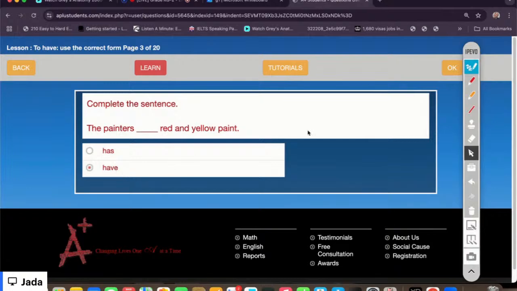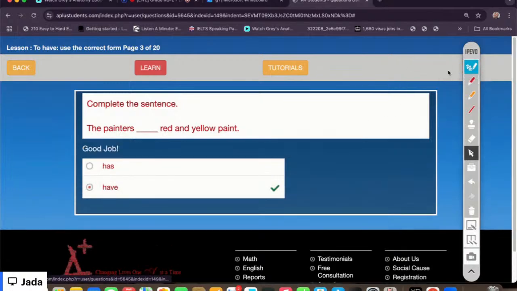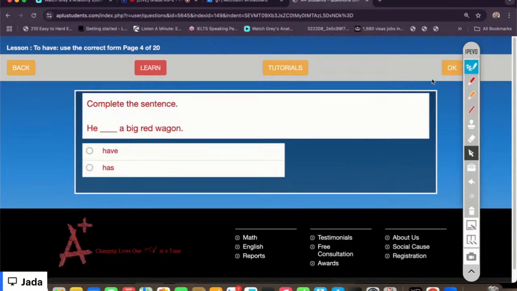So the painters is plural because it's more than one. So you would say the painters have. Okay, it's more than one.